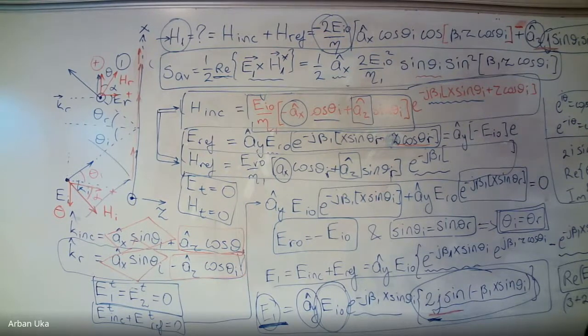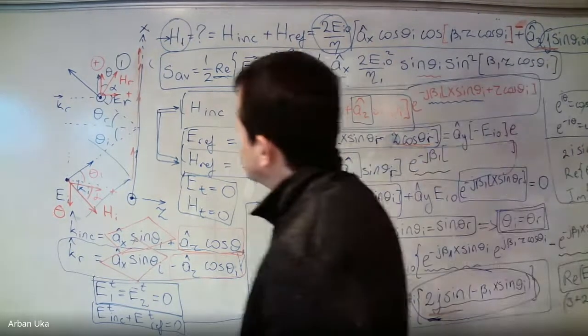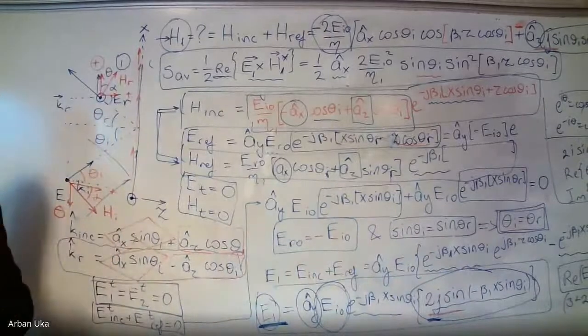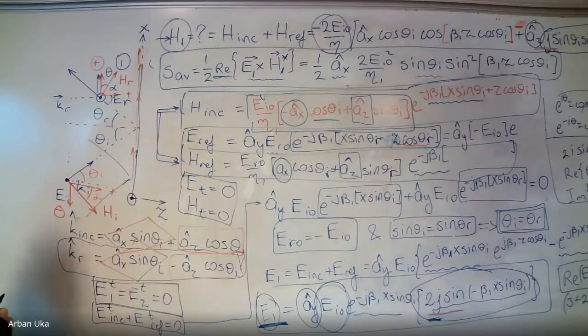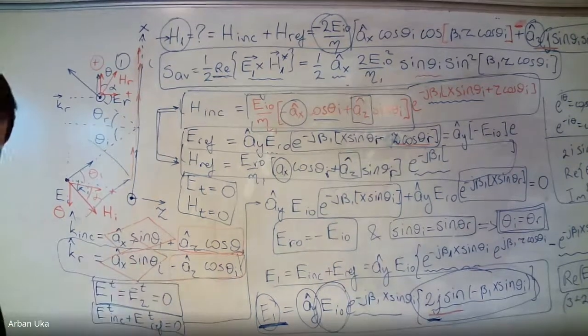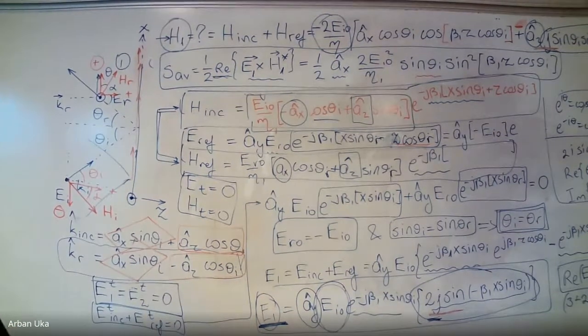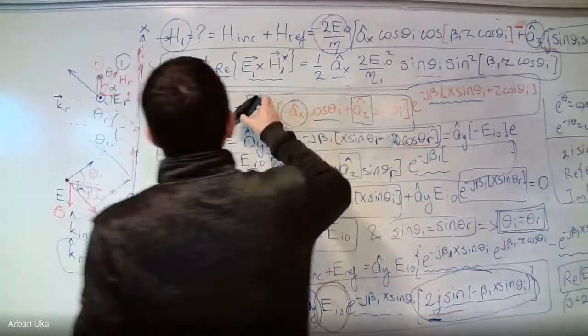We can do this same complete analysis for the parallel polarization. And for the parallel polarization, this graphics is going to change, where the electric field is going to be on the board. So, looking at this picture that we have currently here, probably it is best if we just draw them next to each other.